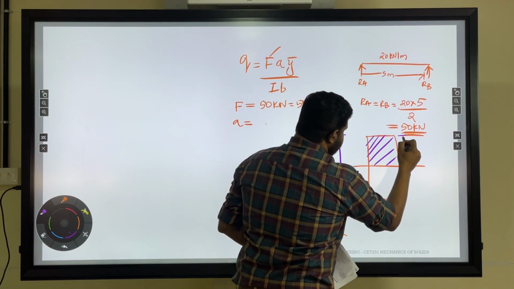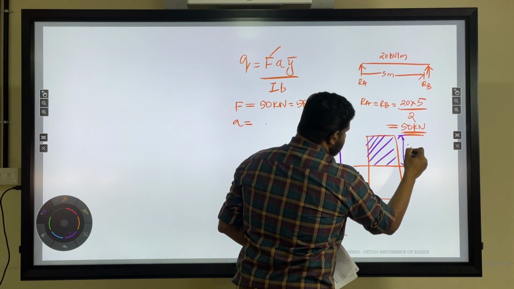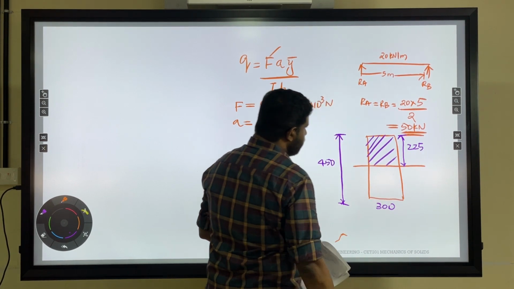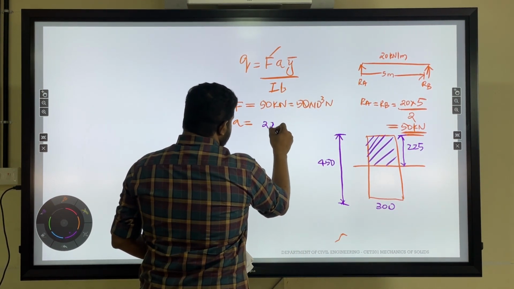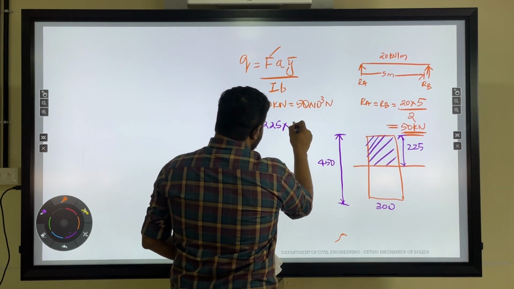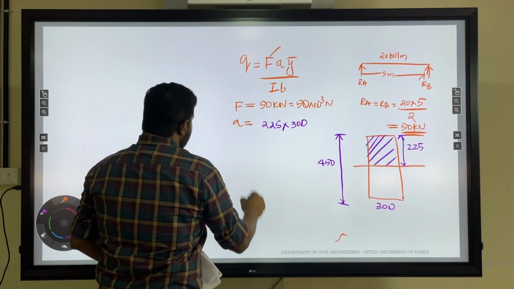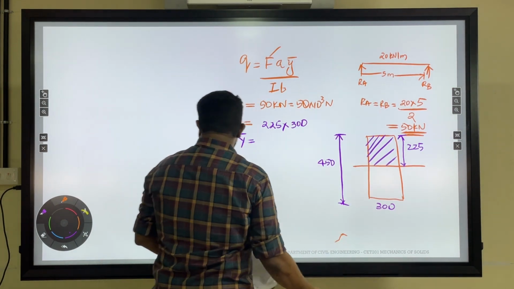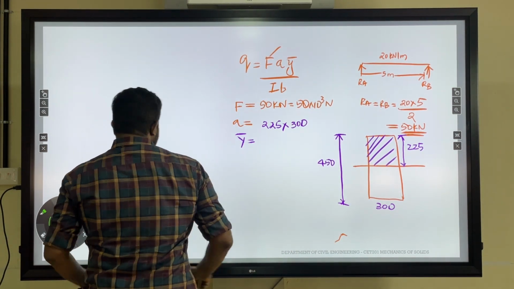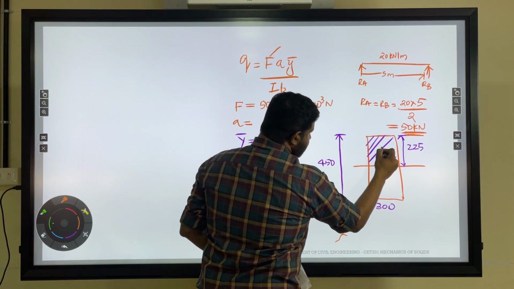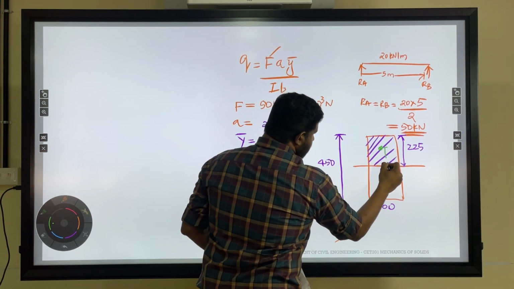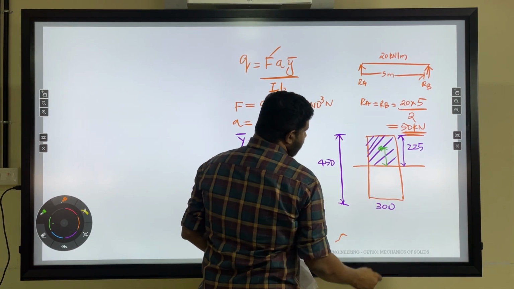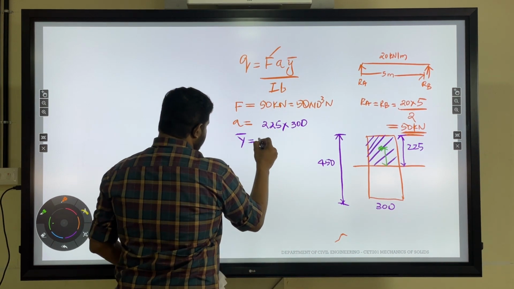So this will be 225 mm. So area will be 225 into 300. Y bar is the distance from the neutral axis to the CG. So for this area, the CG will be here. So this distance will give the value for Y bar, and will be equal to 225 by 2.